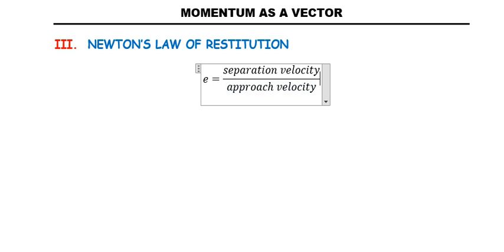Now the separation velocity is basically the difference between the final velocities of the spheres, while the approach velocity is the difference between the initial velocities of the spheres. So let me write it down.